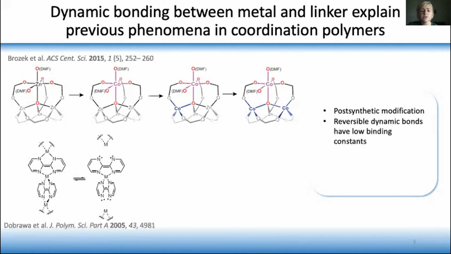An earlier study from 2005 looked at a family of structurally similar coordination polymers that have reversible metal linker bonds, and they identified binding constants for different analogs that turned out to be relatively low, indicating that reversible bonds are dynamic and have low binding constants.